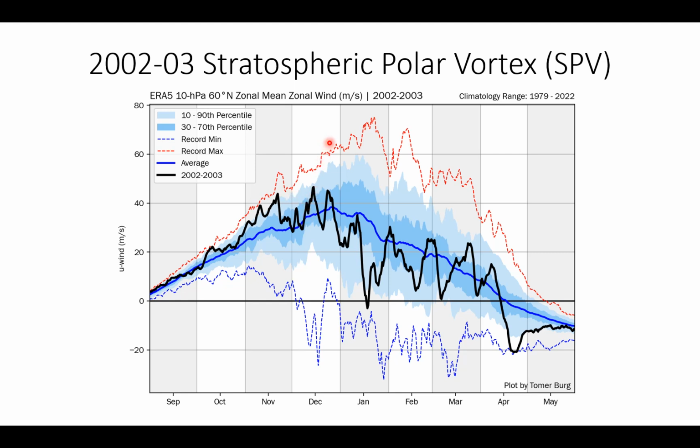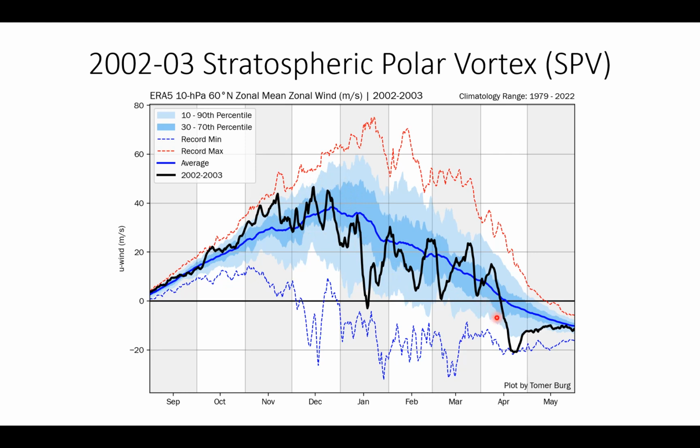Now, the higher this solid dark line gets, the stronger the polar vortex in the stratosphere, and also this is an indicator of a mild mid-latitude situation whenever you see these strong positive wind values.